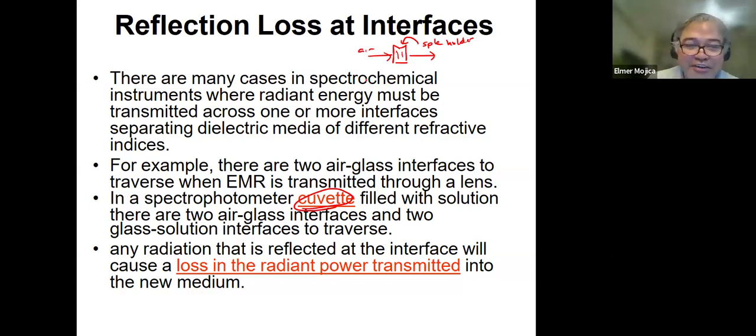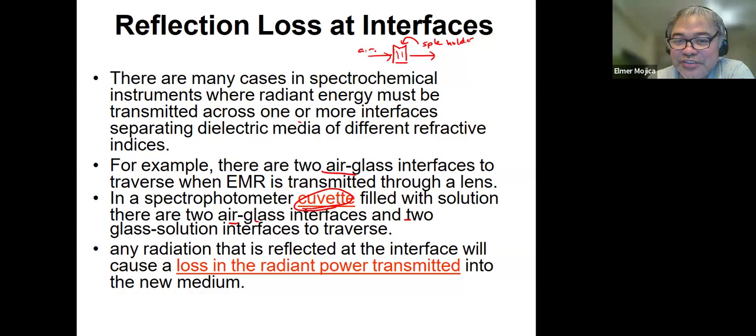Okay? So what happened here is you have radiant energy that's transmitted across one or more interfaces, separating the dielectric media of different refractive index. So as I told you, there's two air-glass interfaces to traverse when your light passes through a lens. And in the measuring devices that we have, a cuvette filled with solution. So there are two air-glass interfaces and two glass-solution interfaces.